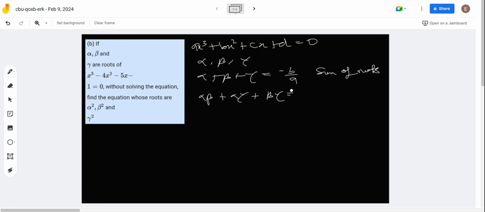The sum of the product pairs is c over a. Then the product of the roots, alpha beta gamma, is minus d over a.